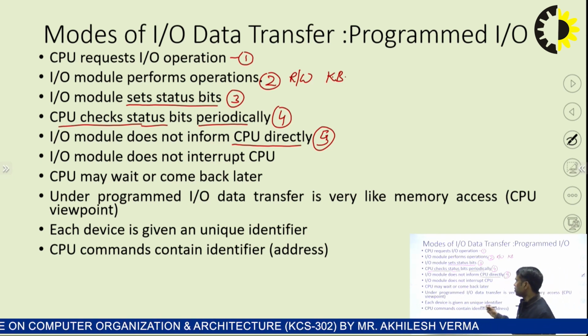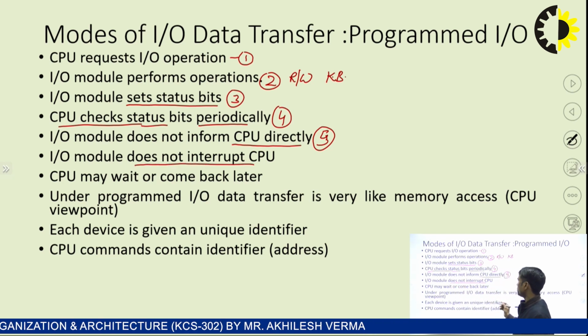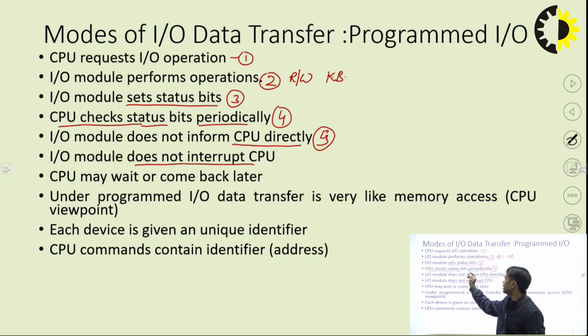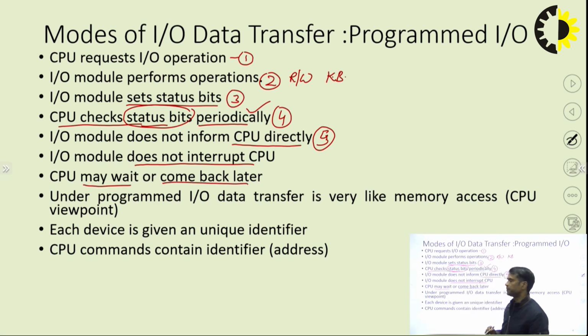So the I/O module does not interrupt the CPU, meaning the CPU is not told by the I/O module that data is available. It only sets the status bit, and this status bit is periodically checked by the CPU. So in this condition the CPU may wait or come back later again and again.